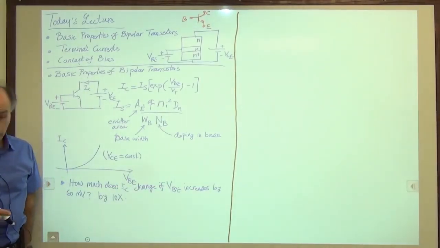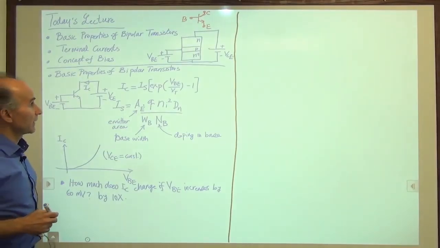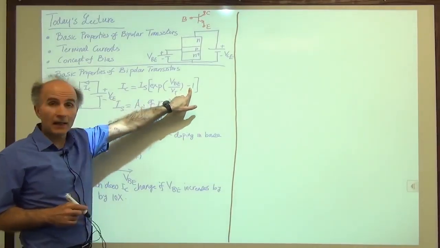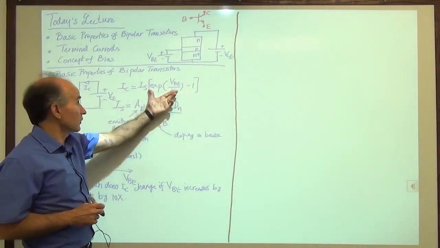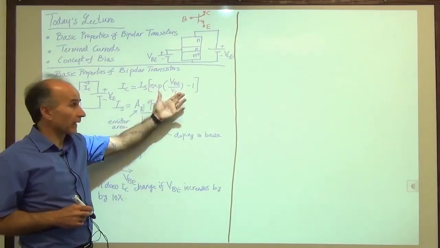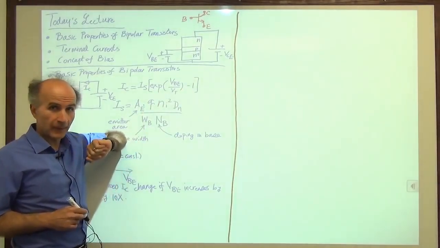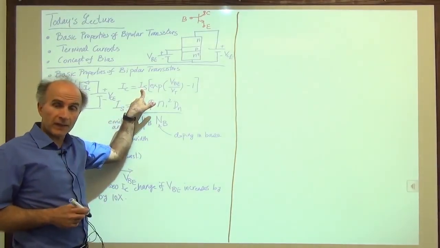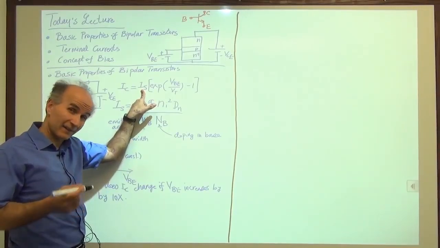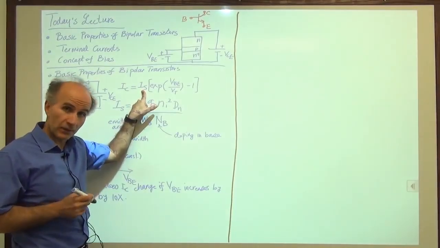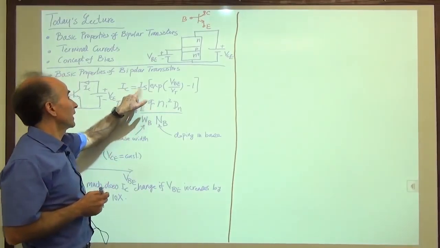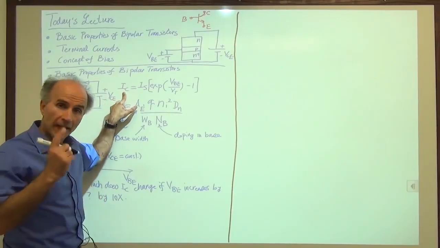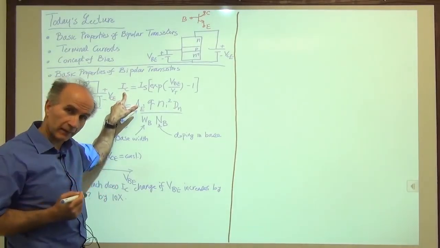Okay, the other interesting result is as follows. Remember in diodes we said we typically neglect this 1 because the exponential has to be so large. Why do we say that? Remember that IS is a very small number, for example 10 to the minus 15 or 10 to the minus 16 amperes. We want to go from 10 to the minus 16 amperes to, for example, 1 milliampere, a typical current in practice.